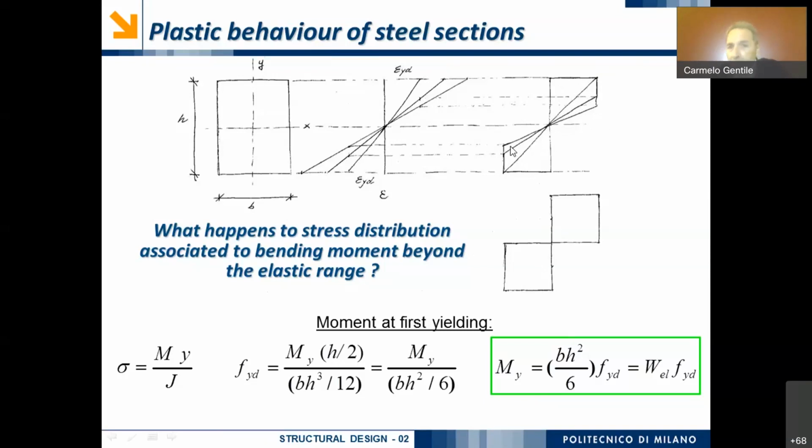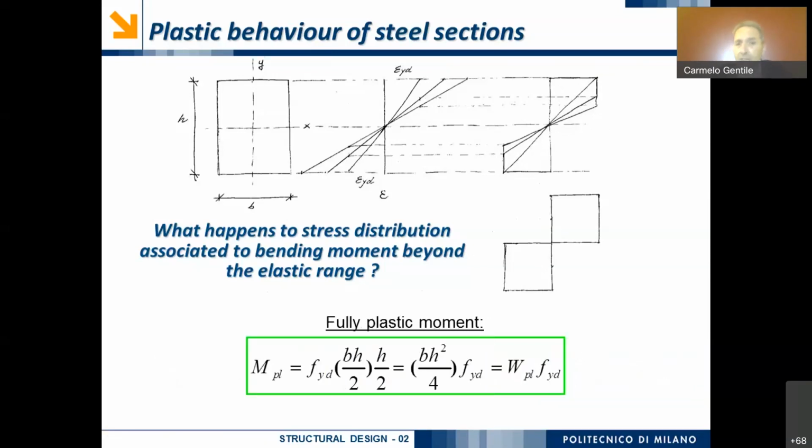And so it is possible quite easily to evaluate the so-called fully plastic moment, because the fully plastic moment, of course, is the resultant of the two forces, upper and lower force, times the distance between the two forces. The distance between the two forces, of course, is equal to half the height of the cross-section, h/2.